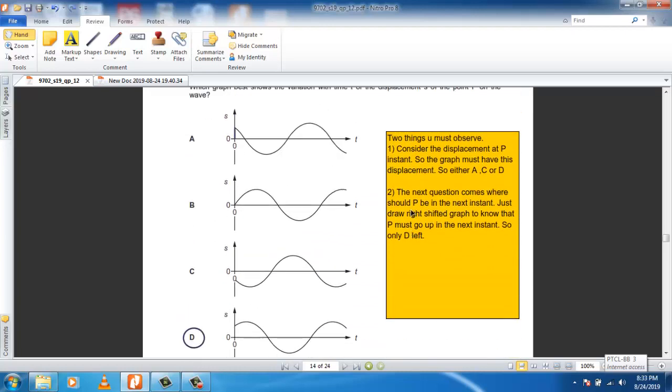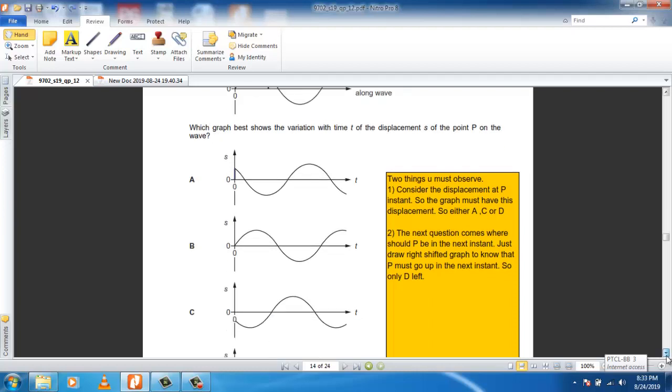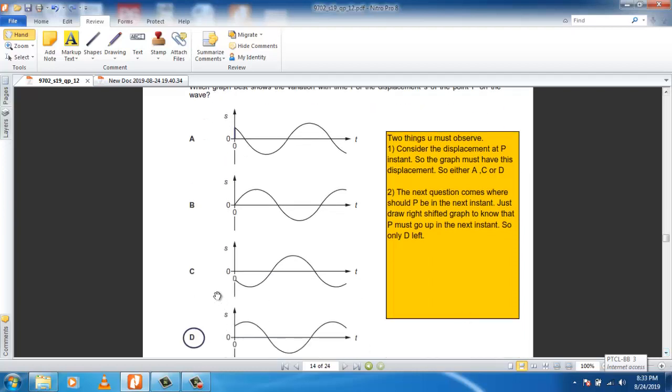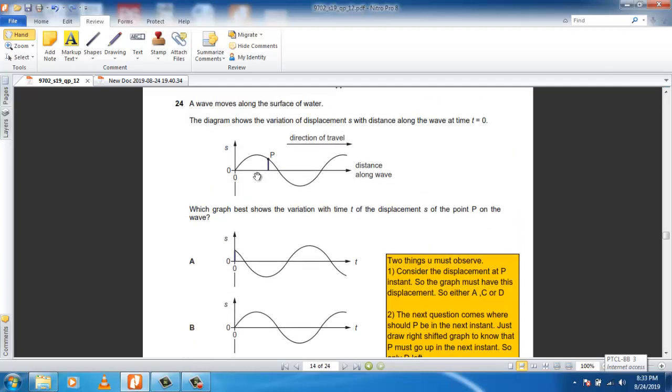So for this question, you should consider 2 things. First, that point P has this much displacement, so this much displacement must be there. Either it's in A or it's in C or it's in D. And the second thing is to find the next instant. What should be the next instant of particle P?